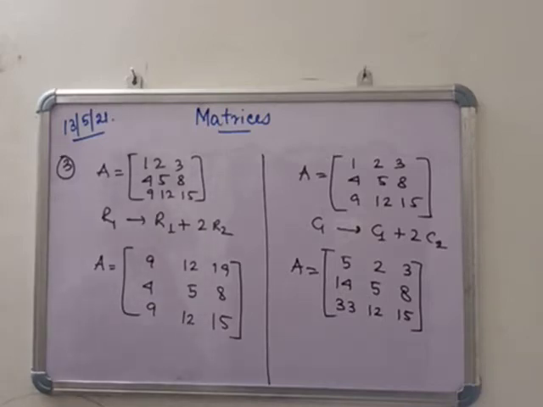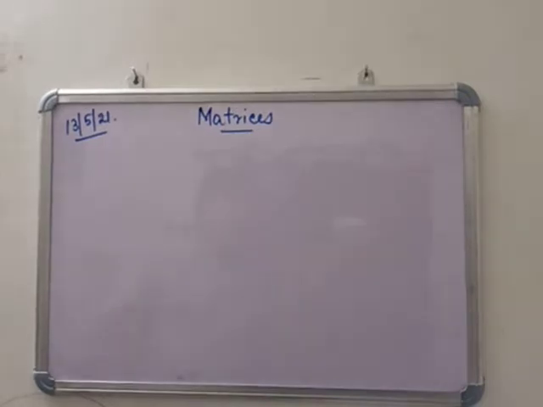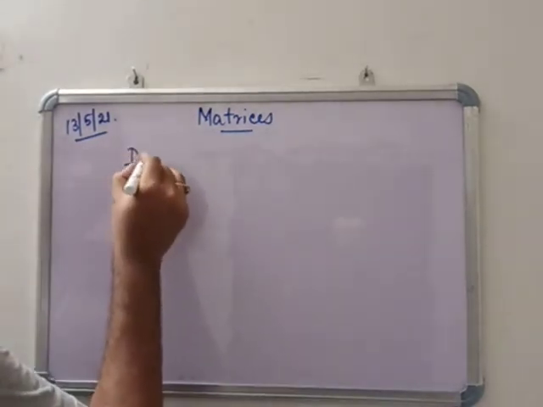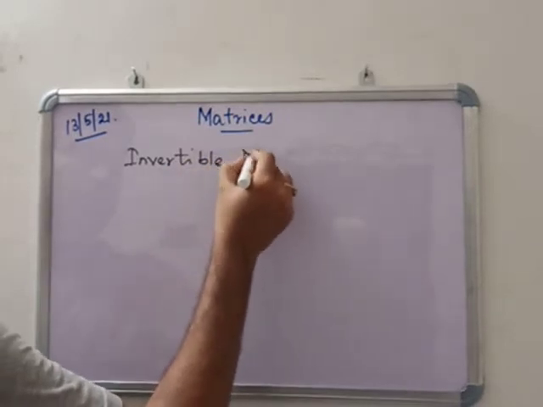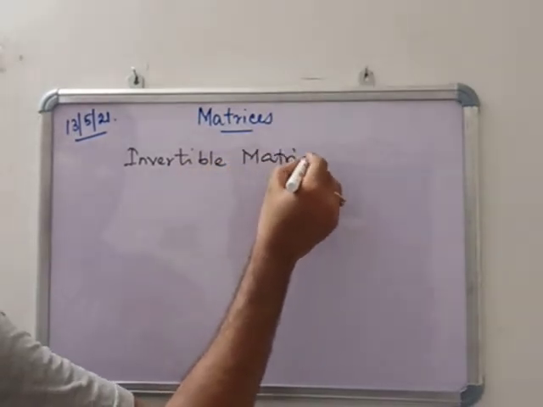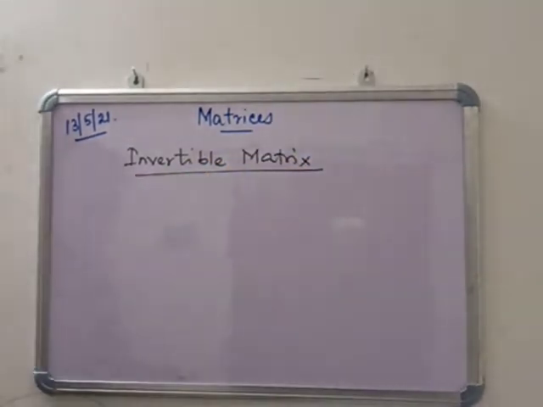Now we are discussing the invertible matrix. What is an invertible matrix? A matrix whose inverse exists is an invertible matrix.